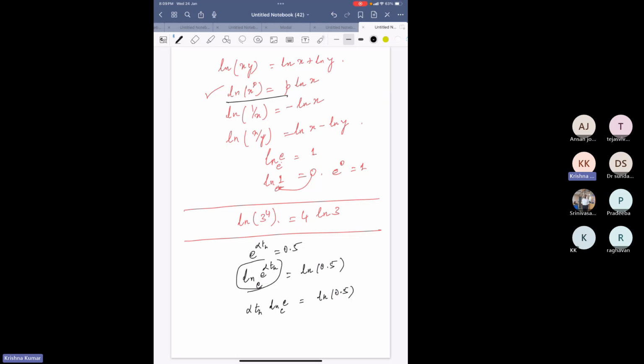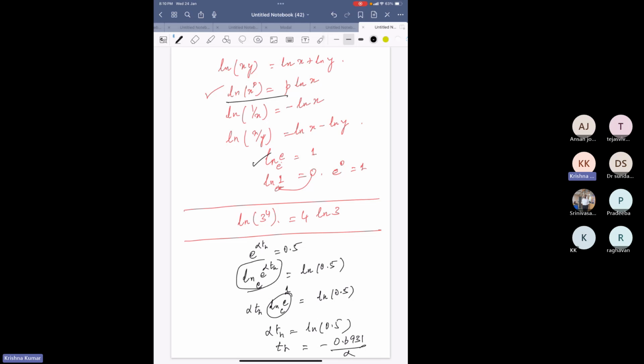When I put ln, it obviously means that the base is e. So what is this? This is 1, we just now saw this. So alpha th is equal to ln of 0.5. And I know the value of ln 0.5; it happens to be minus 0.6931. So th is equal to minus 0.6931 divided by alpha.